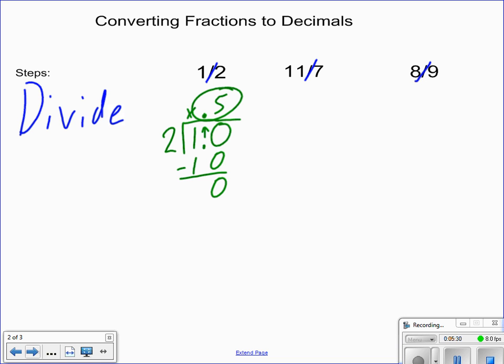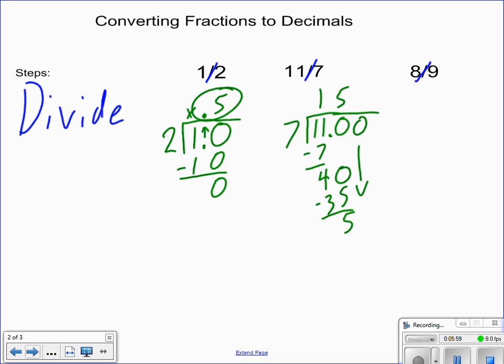You might not know what 11/7 is equal to, so you might actually have to divide this out. 7 goes into 11 1 time. Because this is an improper fraction, I should have 1 whole. I'm not done until it doesn't go in anymore. Add a 0, bring my 0 down. 7 goes into 40 5 times, minus 35.